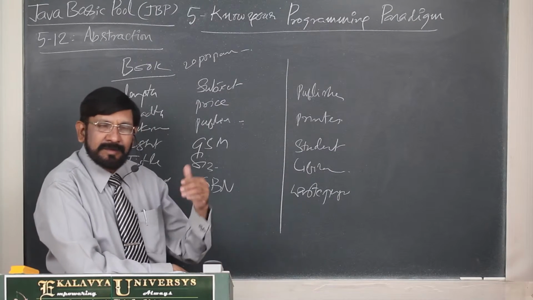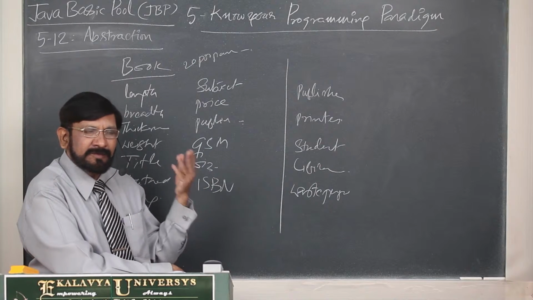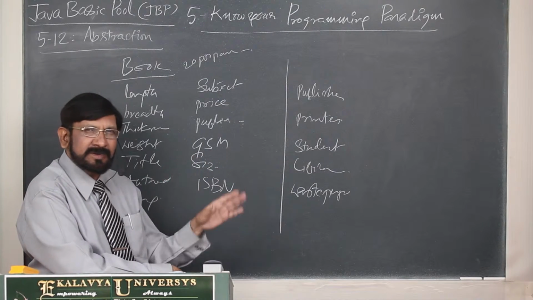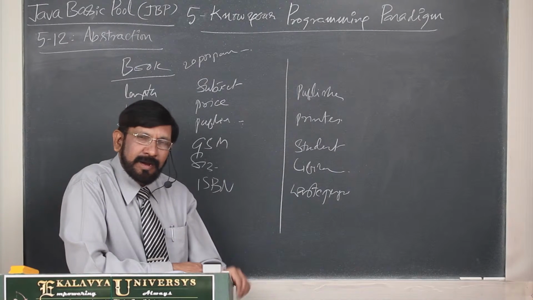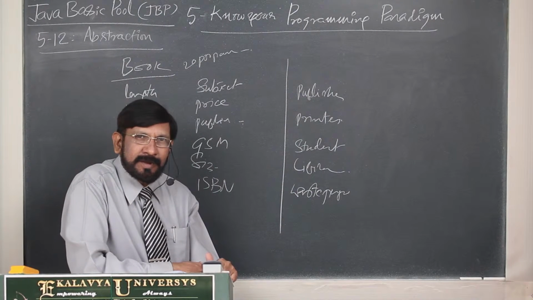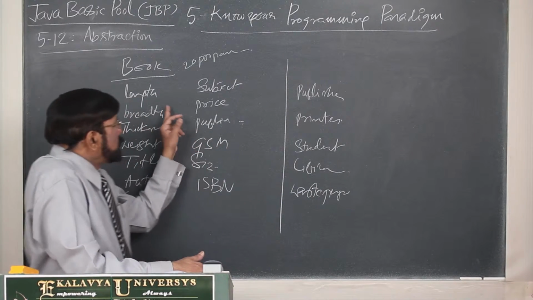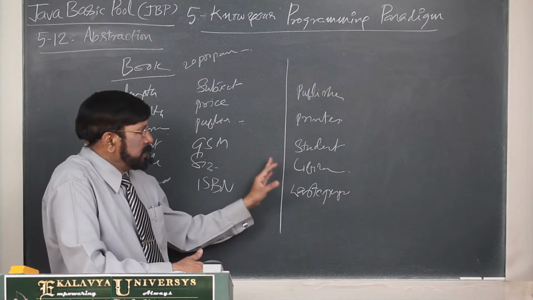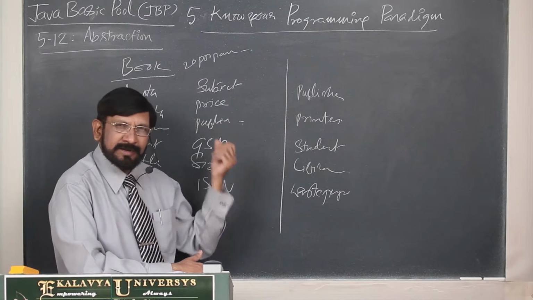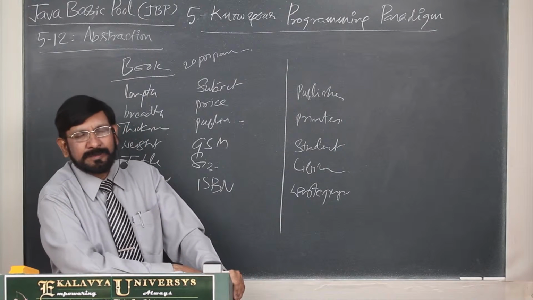Which properties does he bother about? He does not bother about author, language, subject, quality, etc. He bothers about the quality of the paper and size of the paper. Understand? Only two things he bothers about. Now here 20 properties are there, different groups are there, and everybody chooses a set of properties. What do you call this behavior?